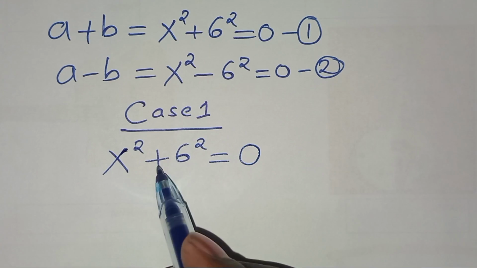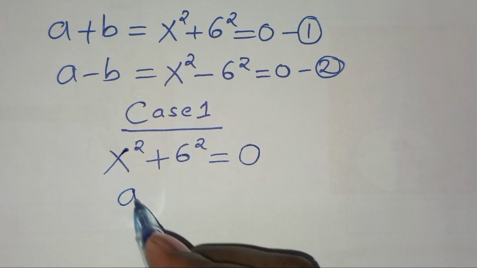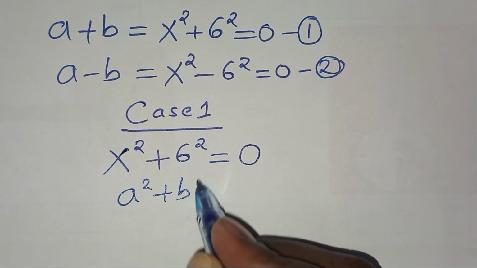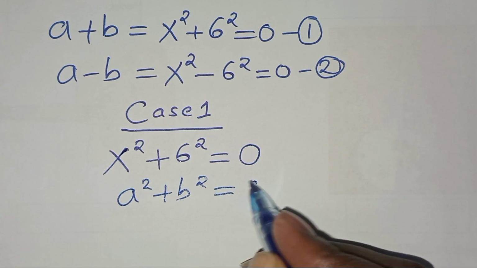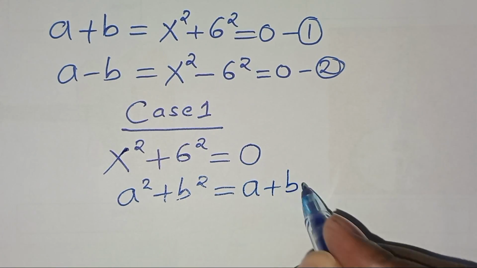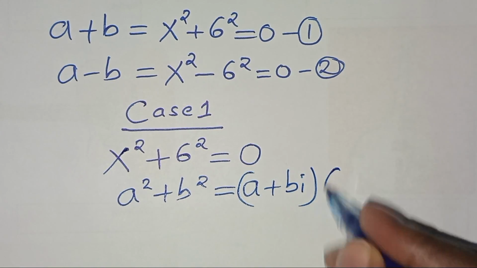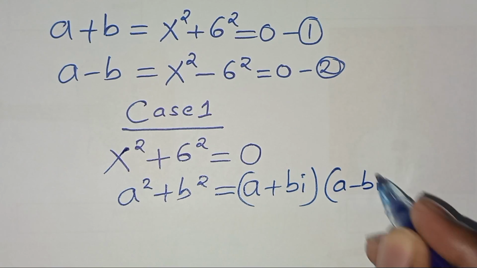Now x to power 2 plus 6 to power 2, this is in the form of a squared plus b squared, which you can express as a plus bi multiplied by a minus bi.